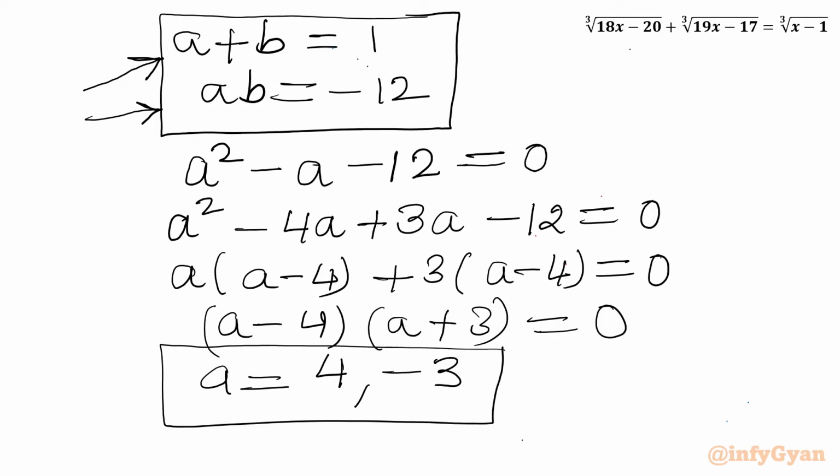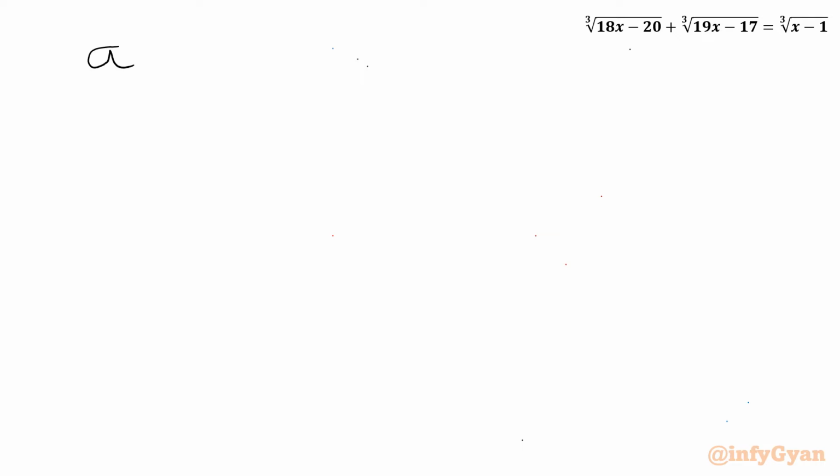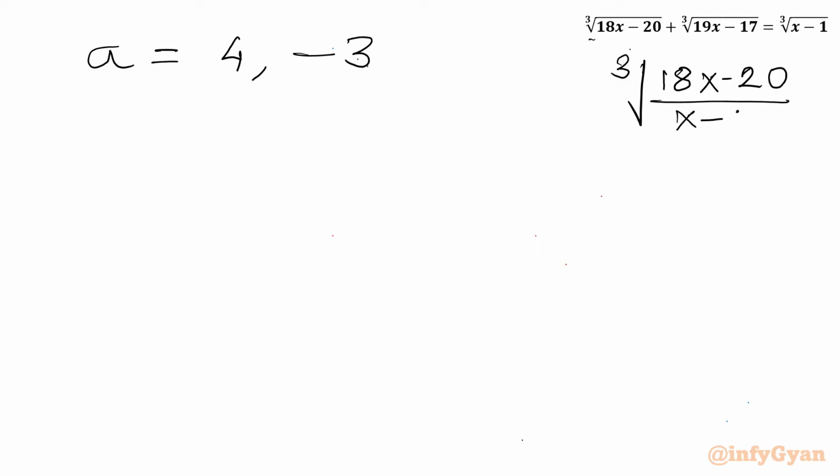Now I will write a equal to 4 and a equal to negative 3. Now this was our a. If I write, let me write here, cube root of 18x minus 20 over x minus 1. This was our a.